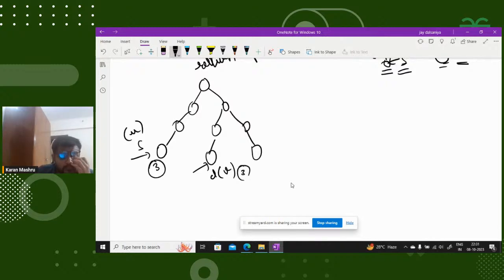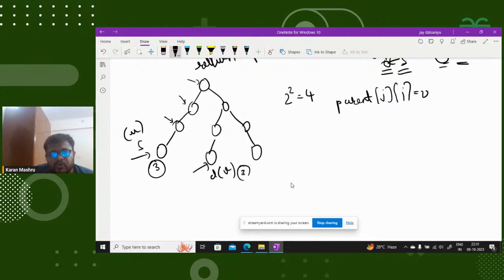Now if I make a jump of 2 power 2, which is nothing but 4, then there is no parent at a distance 2 power 2. So this is at a distance 1, this is at a distance 2, this is at a distance 3. But as I mentioned, parent of j at a distance i is 0 if it goes beyond the root.